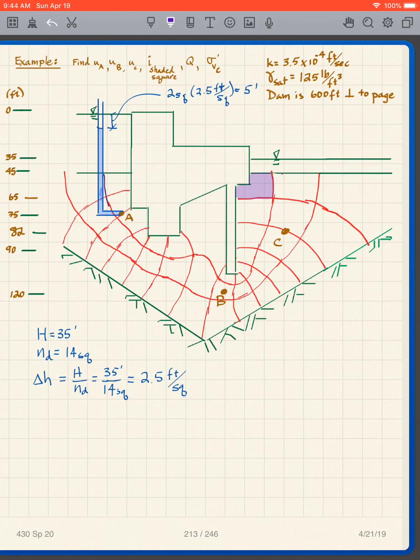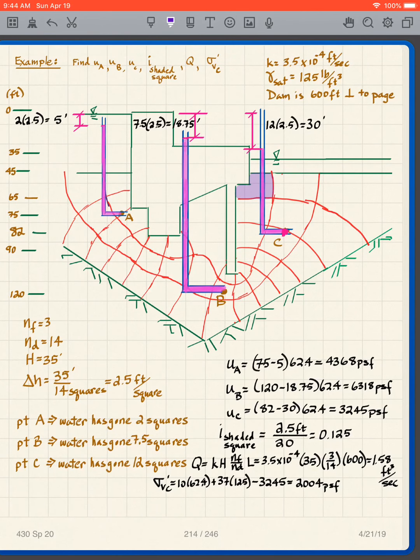Okay, I'm going to assume you've solved it. Here's what we get. Let's look at point B. To go to point B, we go through 1, 2, 3, 4, 5, 6, 7.5 squares. So my head drop from the upper level would be 7.5 times 2.5.